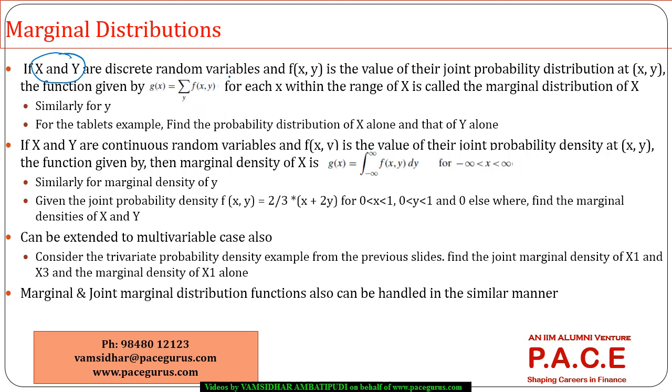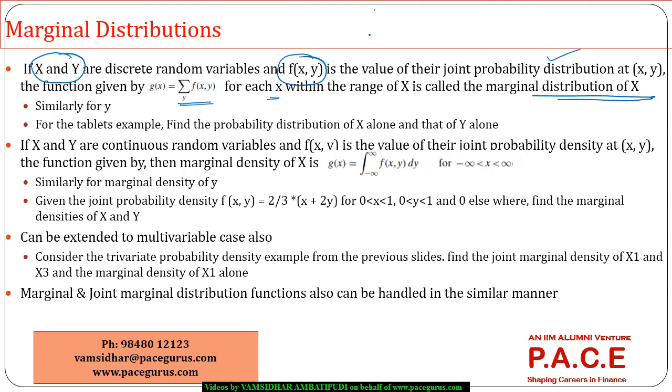When I talk about the discrete random variables x and y, wherein f of xy is their joint probability distribution, I am doing a summation across all y for each x. I call this the marginal distribution of x.